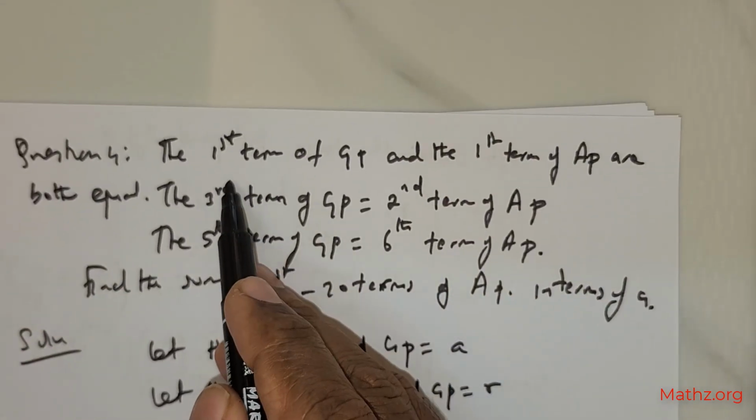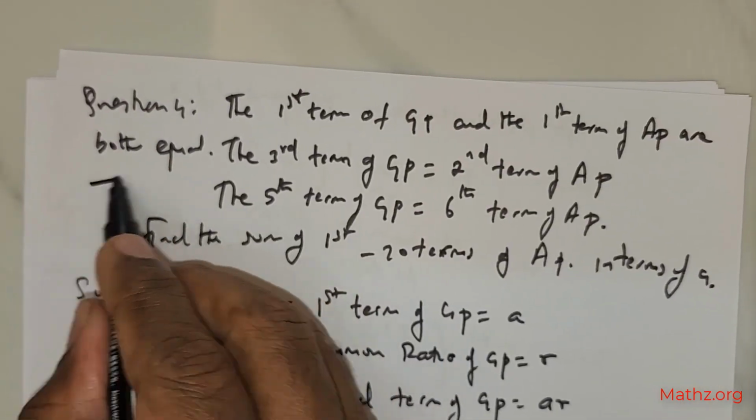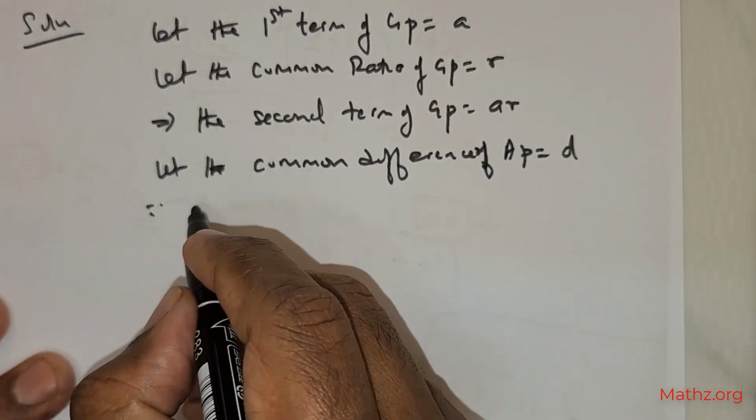Since the first term of GP and the first term of AP are both equal, right?